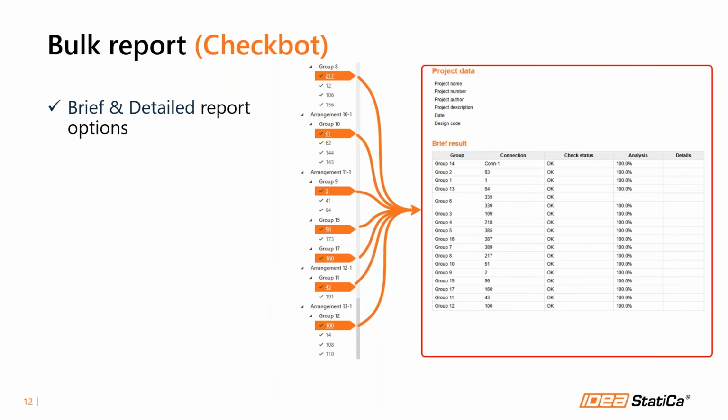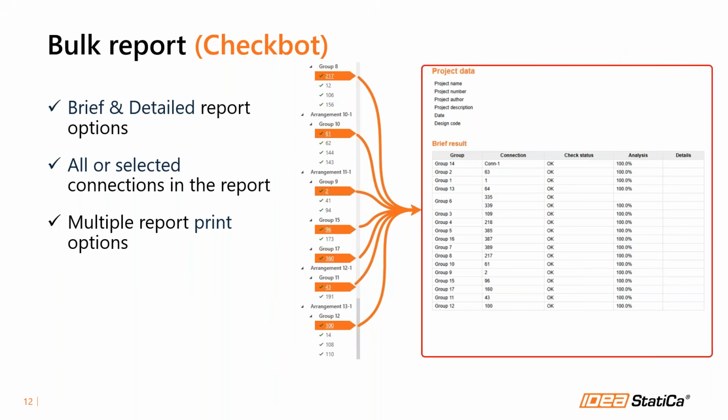There are actually right now 2 predefined options, a brief and a detailed report type, and I will show you in a moment how you can do it. You can select either all connections or just the reference node of a group, and multiple report print options are possible as well.